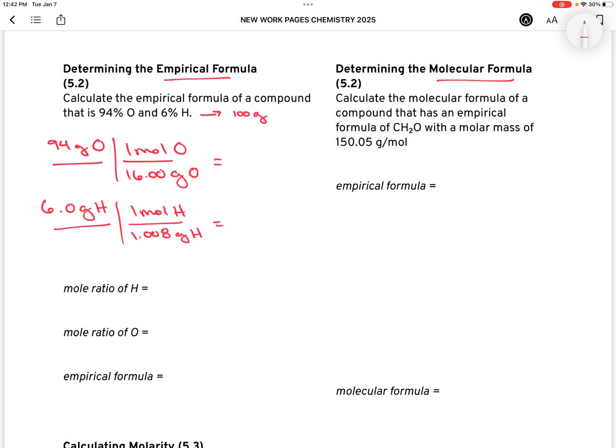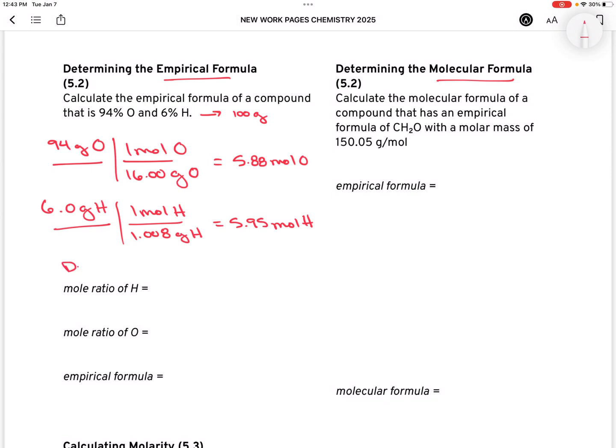So when we calculate this out, we end up with a total of 5.88 moles of oxygen, and this one comes out to be 5.95 moles of hydrogen. And what we're going to do now is divide by the smallest amount.